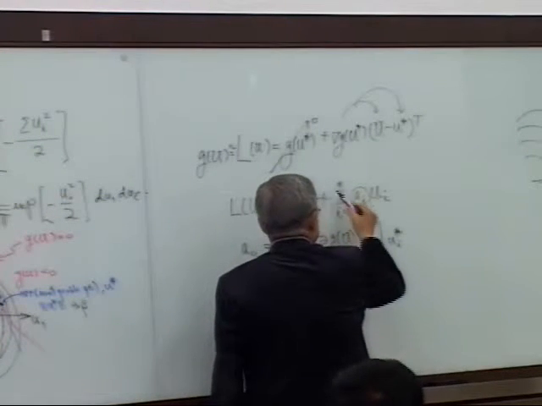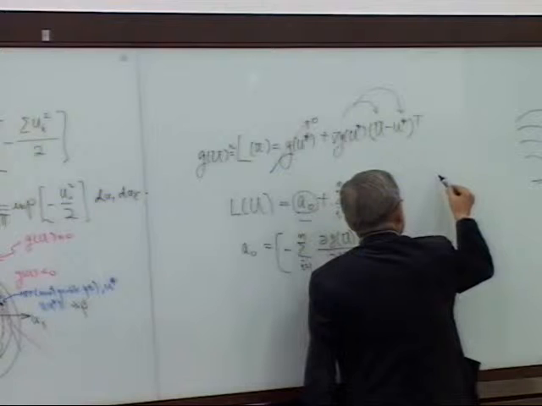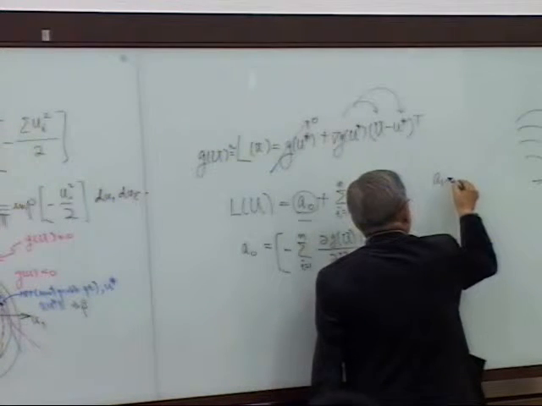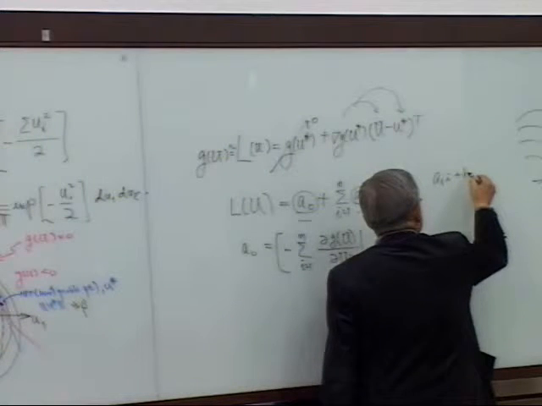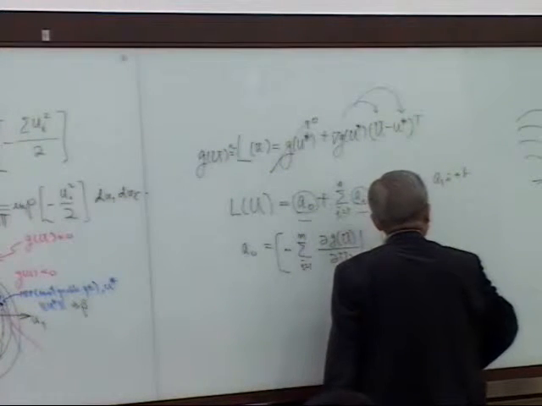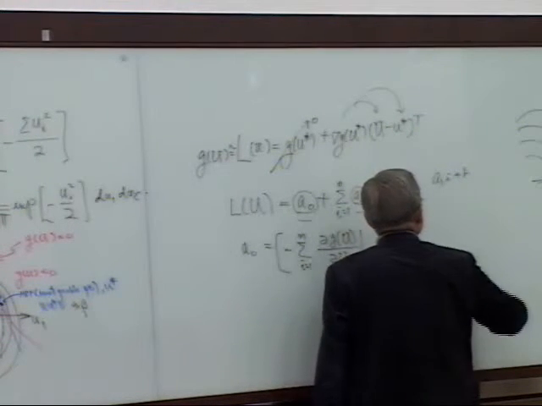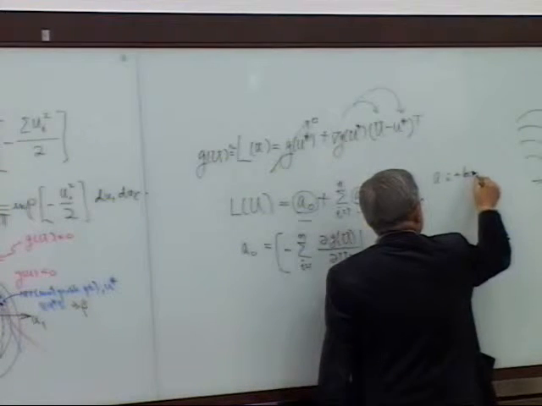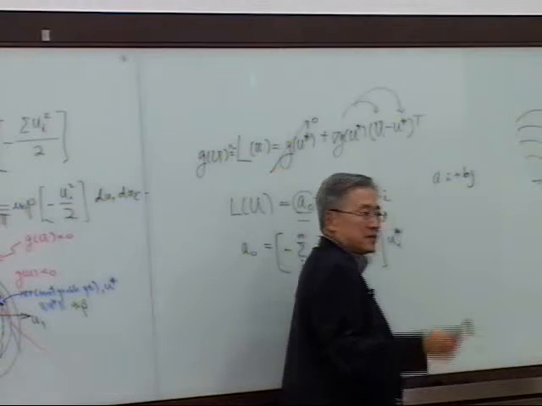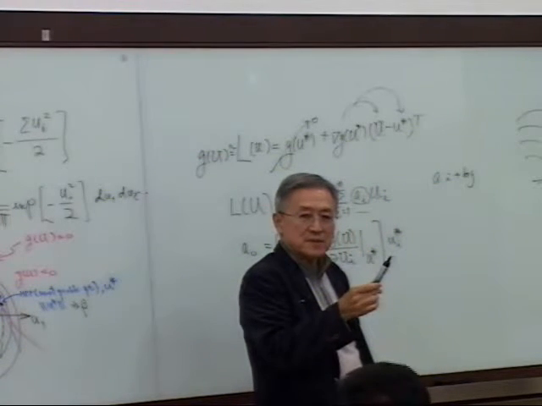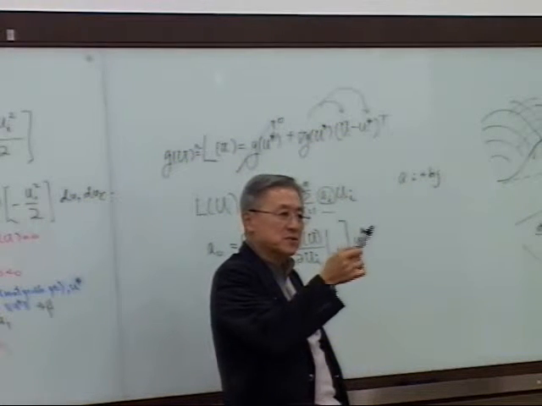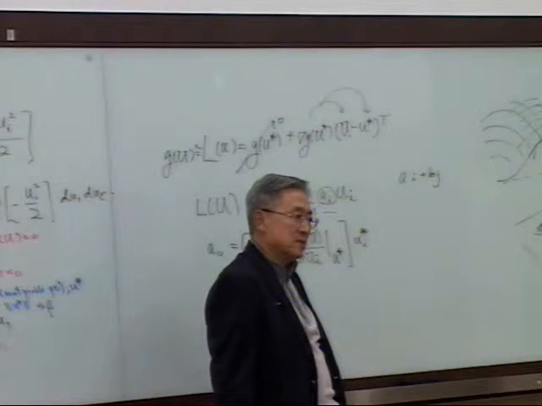So if you look at this carefully, this is something like A i plus B j. If you have a two component in the vector, A is magnitude, B is magnitude in each directions.